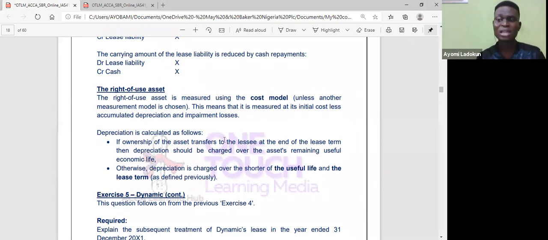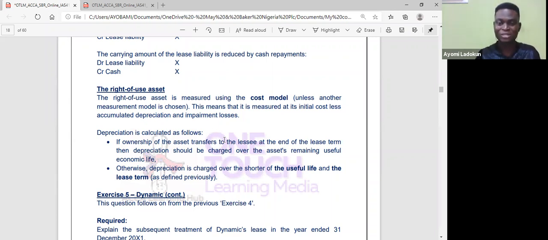Now, listen up. What IFRS 16 is saying is this. When it comes to depreciation, if ownership of the asset transfers to the lessee at the end of the lease term, so, for example, I am the lessor, you are the lessee, I'm leasing my car to you, and at the end of the day the ownership of that car will transfer to you, then it's ideal that when you are depreciating the right of use asset, you should use the remaining economic life.